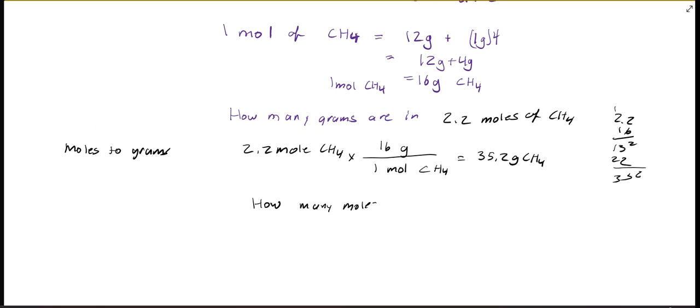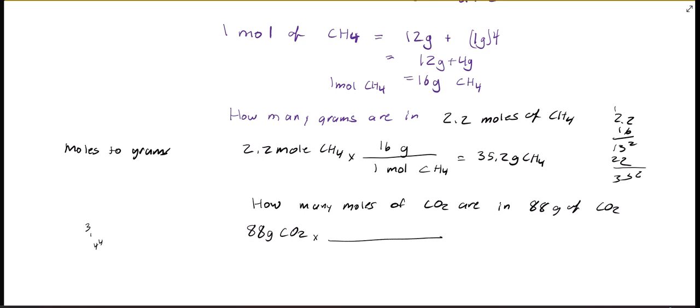How many moles of carbon dioxide are in 88 grams of carbon dioxide? So I'll start with 88 grams of carbon dioxide, and then I want to cancel out grams, so I'll put that on bottom, put mole on top.